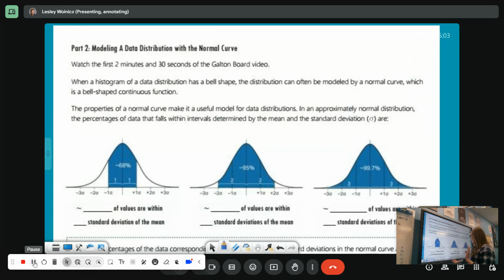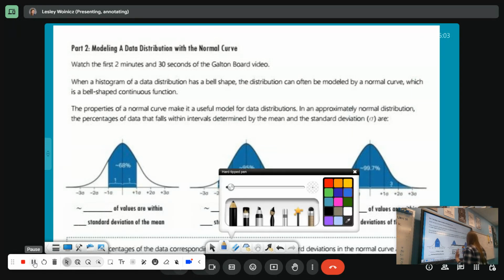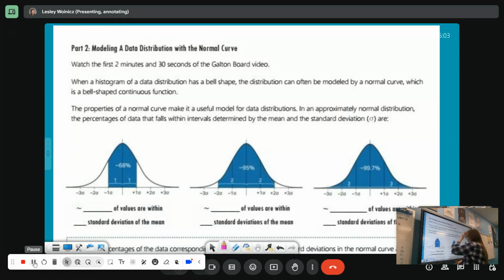so this was on our notes in a slightly different way a couple days ago, but this middle bit is your mean. Remember that for a normal distribution, your mean, your median, and your mode are all in the same place. They're all in the middle.